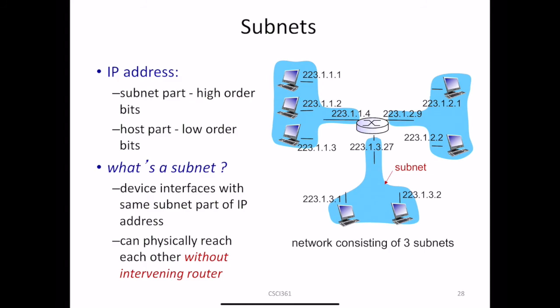So actually it means under this subnet, all the devices have the same subnet part, but different host parts. So for example, let's see this subnet part. You can see for these four interfaces, the first three decimals are exactly the same.